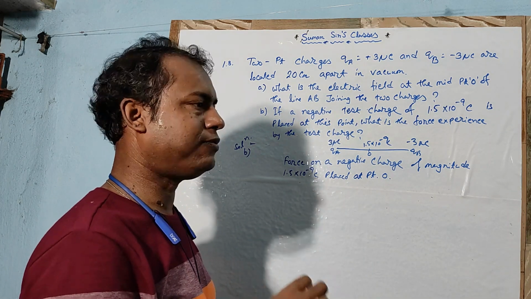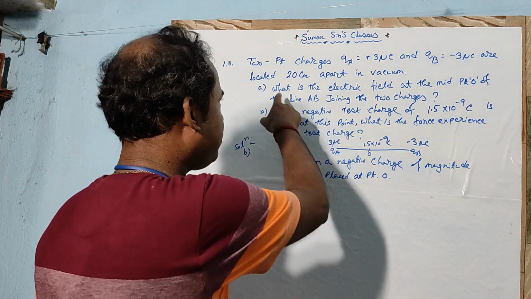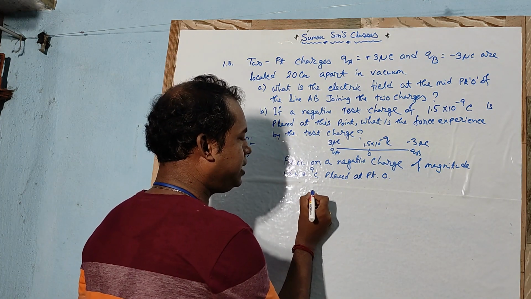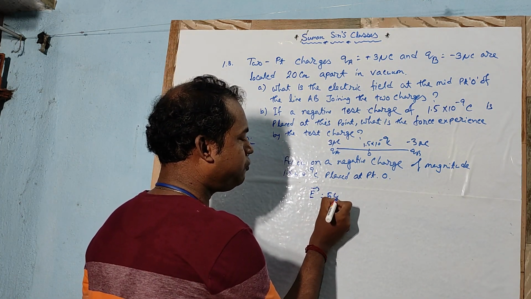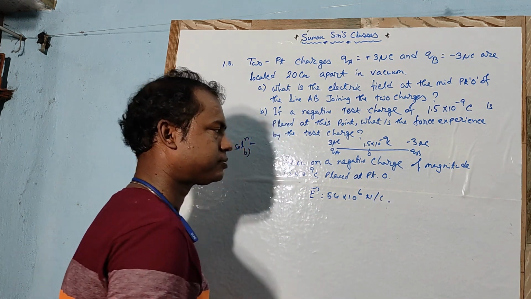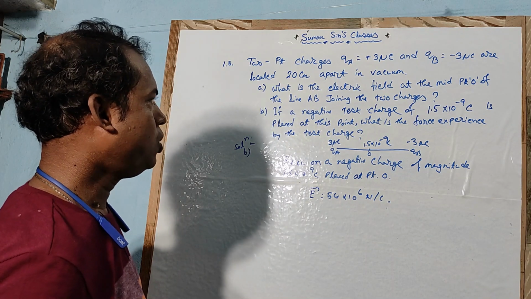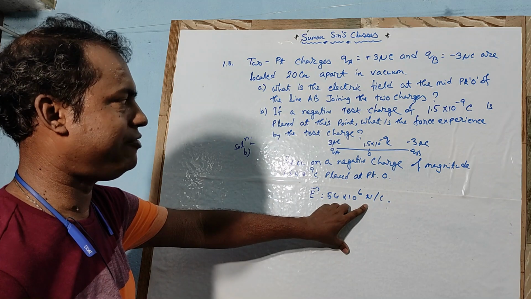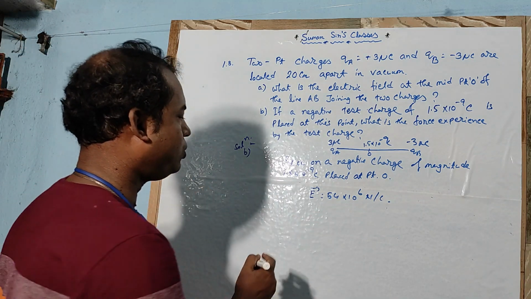Okay. So due to both the charges, a force is acting on this, and we just want to find out the total force. In my last calculation, question number A, we found total E equals 54 into 10 to the power 6 Newton per Coulomb. So this is the value. Now we find the total force.